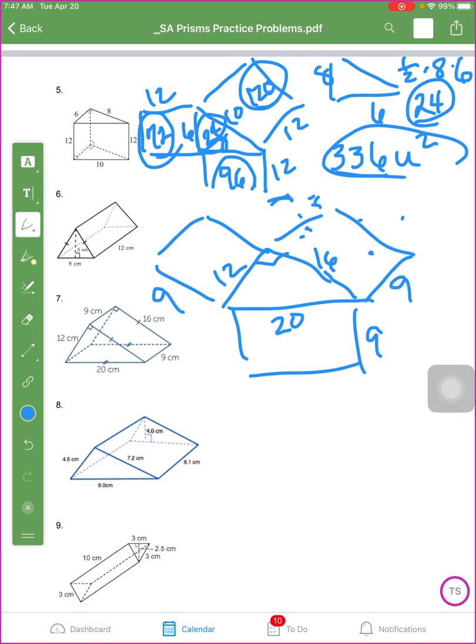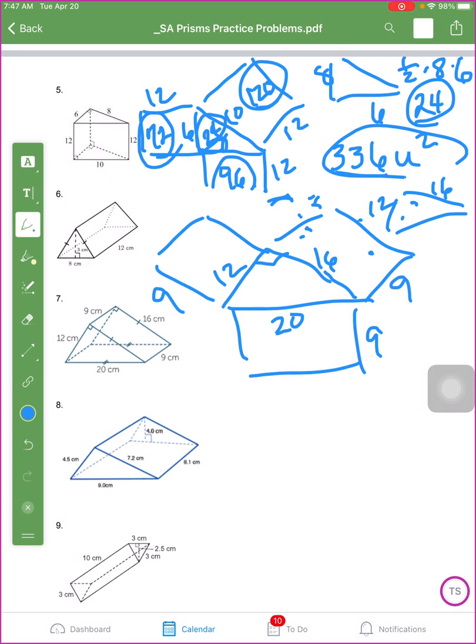So let's find the area of the triangle to begin with. So here's my triangle, and it has a base of 12 and a height of 16. So half of 16 is 8. 8 times 12 is 96. Is that right? 8 times 12.